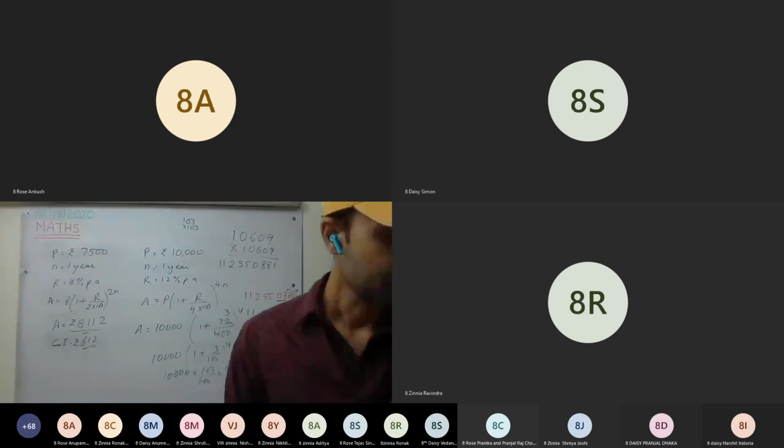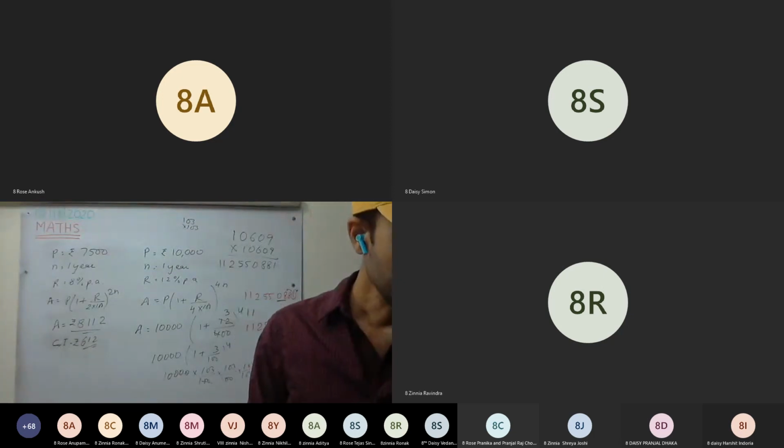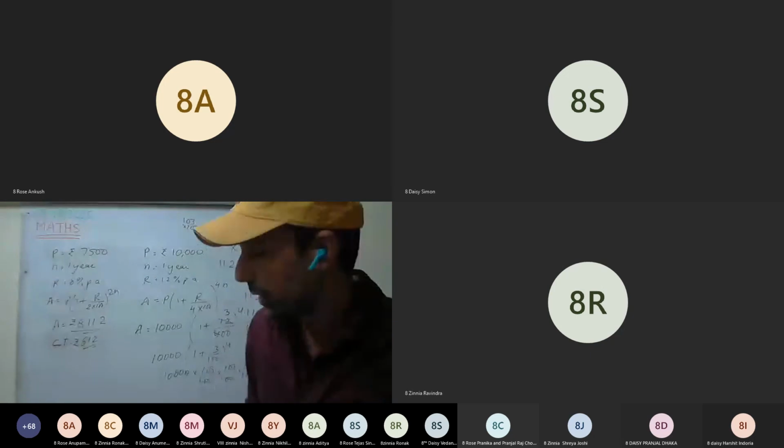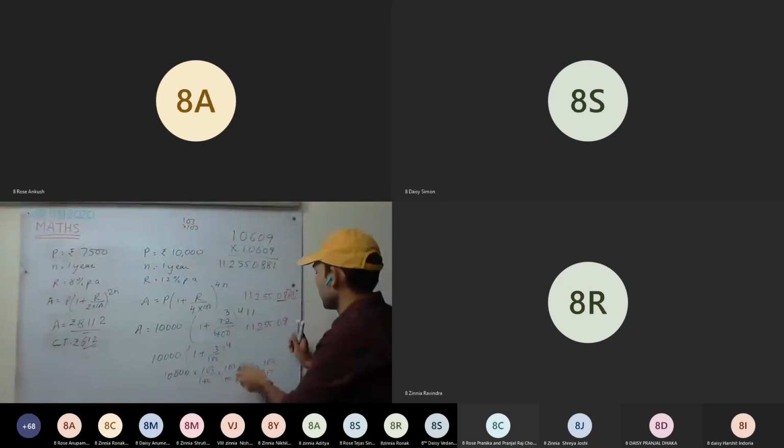Okay, next question. 15th. 14th you have done. Find the amount and the compound interest on rupees 25,000 for 1 year at 8% per annum, compounded quarterly. Again, the same kind of question.